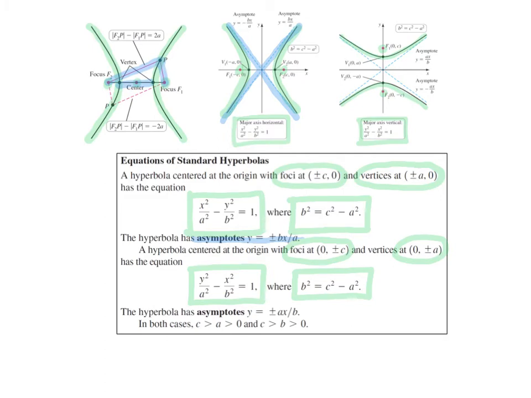But in this case, when our vertices are on the y-axis, the asymptotes are going to have the equation y equal to plus or minus ax over b. So you switch. If the vertices are on the x-axis, asymptotes are plus or minus bx over a. Vertices on the y-axis, asymptotes y is equal to plus or minus ax over b.